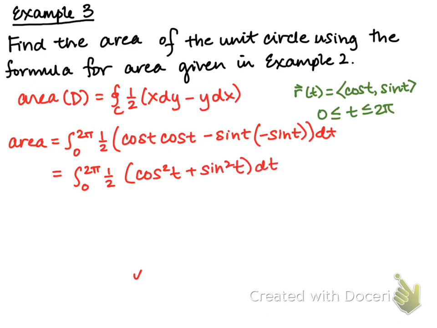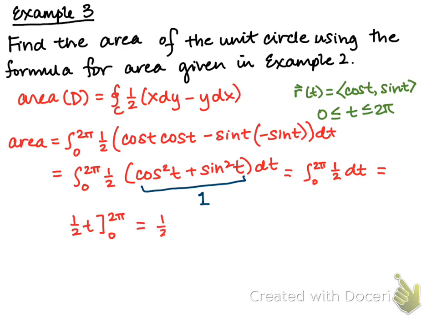Okay, and so that is just going to integrate to t. So nice and simple, it's actually going to integrate to 1/2 t. So this is 1/2 t from 0 to 2 pi, which is 1/2 times 2 pi minus 0, or just pi.